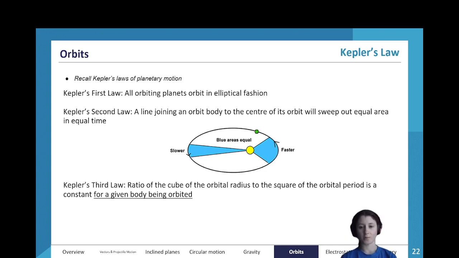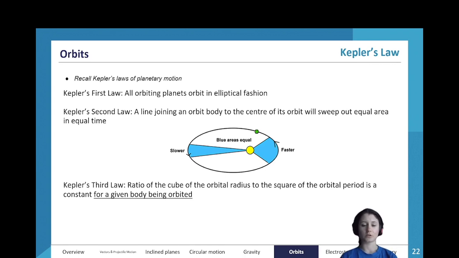A lot of the times on exams, all you need to do for Kepler's laws is just write them out, or maybe solve a problem involving Kepler's third law. But Kepler's third law is just an equation anyway, so it's not too difficult. Alright, let's get into it.